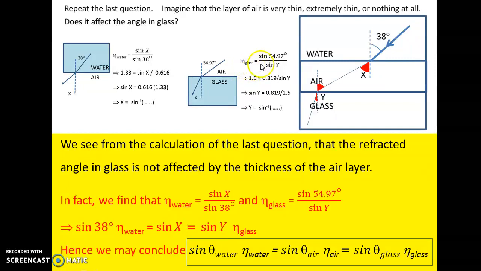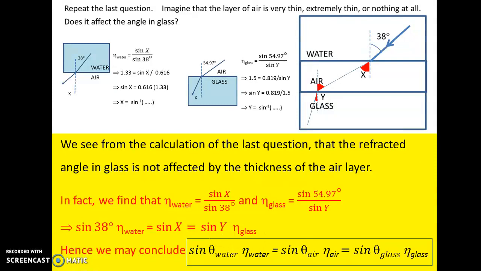Eta glass equals sine 54.97 degrees over sine y. And now, from these two equations, we can see for the first layer, water, we have eta water multiplied with the angle in water, sine 38, equals to that of the third layer, glass, eta glass, sine y.